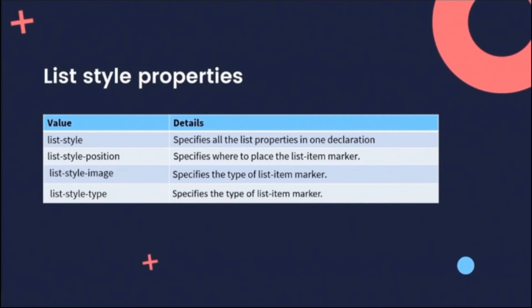We also have list style position, and this specifies where to place the list item marker. Next, we have list style image, and this is something we went over. Here we can reference any graphic that we want to include as opposed to using the default solid disk. And then lastly, we have list style type, and this specifies the type of list item marker associated with a list or a navigation bar.